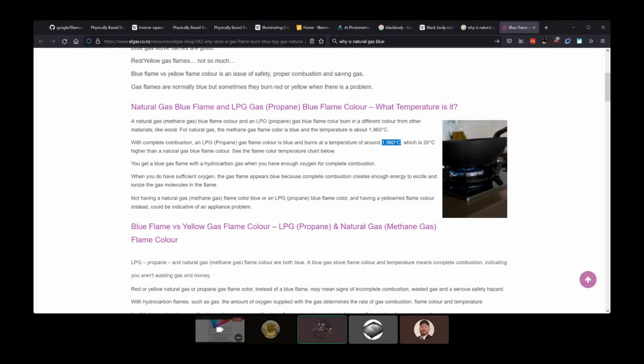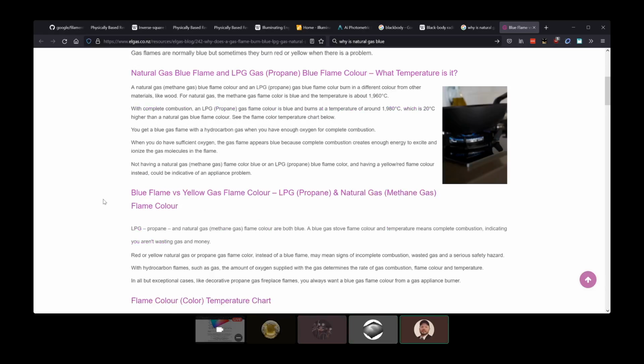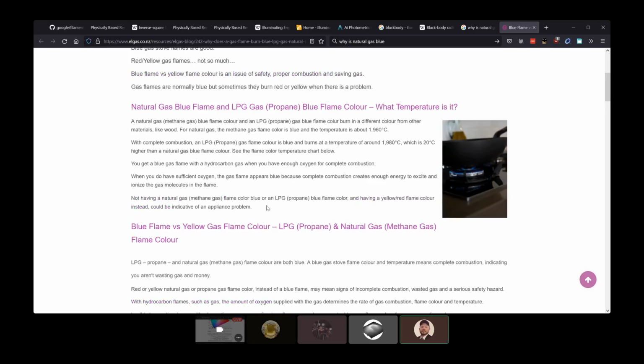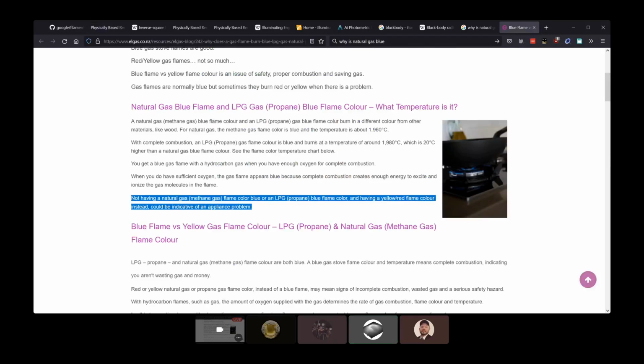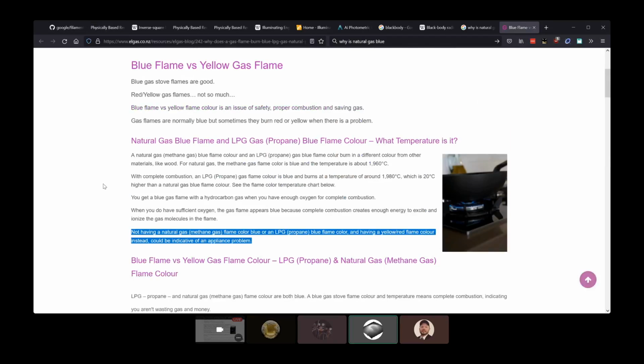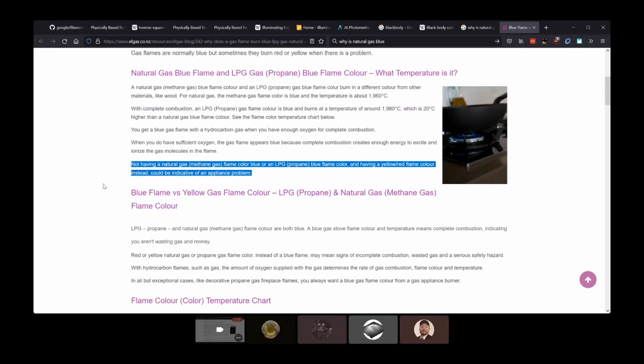There's a bunch of different relations between heat and color. It's not a simple thing. Black body radiation color has very little to do with the color natural gas burns, due to complete combustion of the fuel.